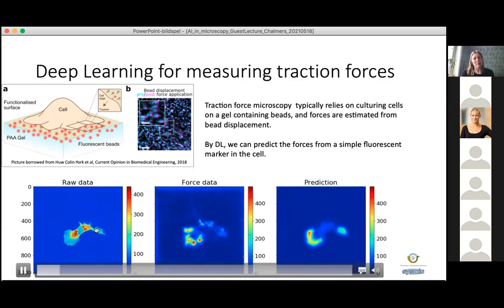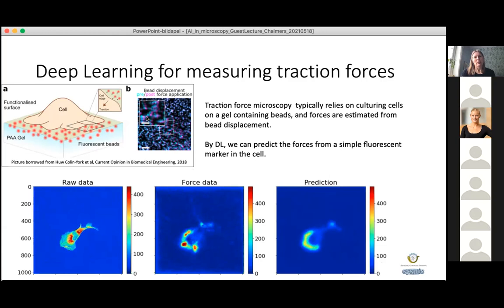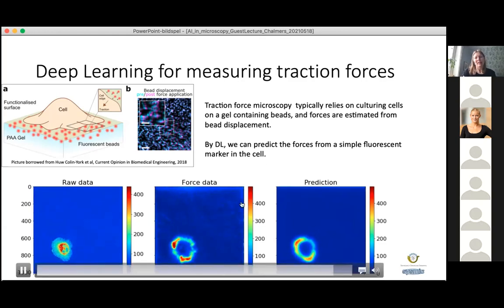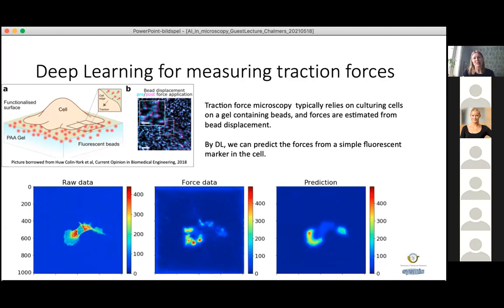With these pairs of images, you have the possibility to learn one thing from the other. Using these pairs of force data and raw data, we could predict the traction forces, so that we can scale up our experiments and study traction forces without the need of the force data or these fluorescent beads. This shows the power of deep learning to overcome complicated imaging systems by simulating their output.